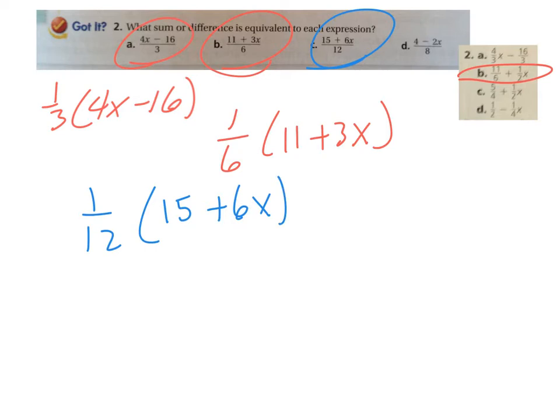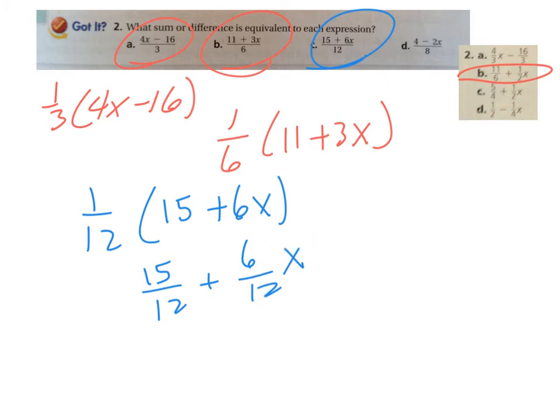So don't forget to reduce. So this will be 15 over 12 plus 6 over 12 x. Technically, the x goes with the top, by the way, in that case. 15/12 becomes 5/4, as we can see over here, and 6/12 becomes 1/2.